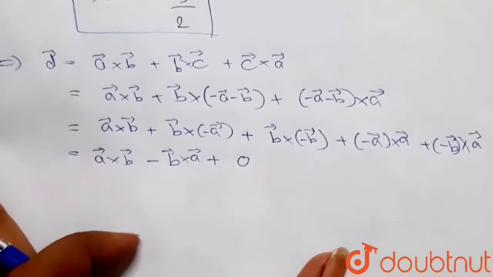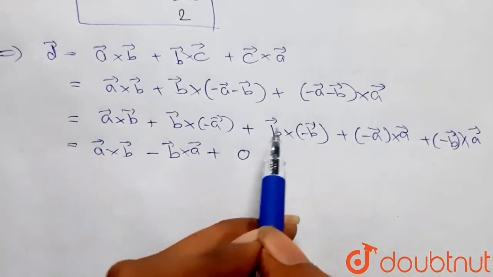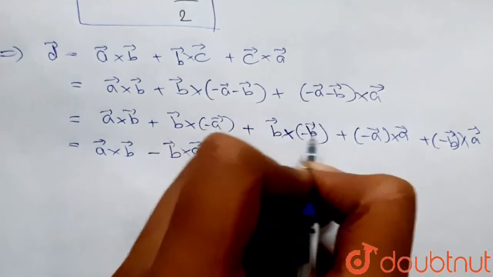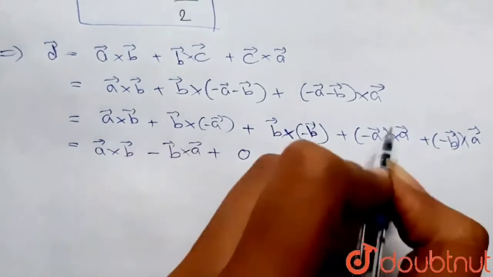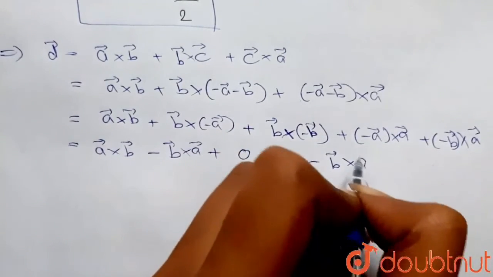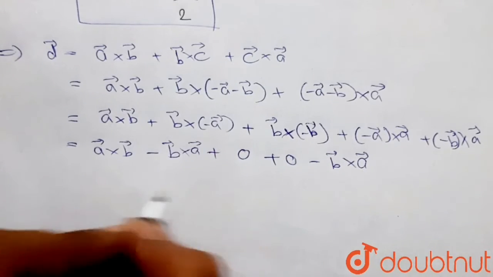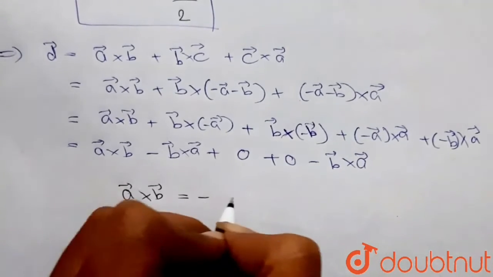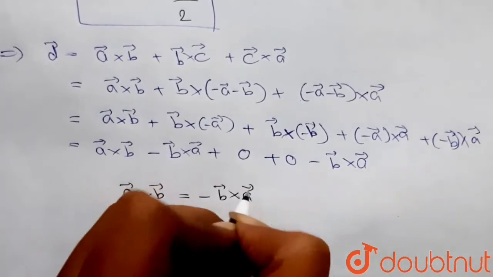Because the cross product of a vector with itself equals 0, right? So the cross product of vector B with vector B will be equal to 0. Similarly, this will also become 0 and this will be minus vector B cross vector A. Now you must know that vector A cross vector B is actually equal to minus times vector B cross vector A, right?